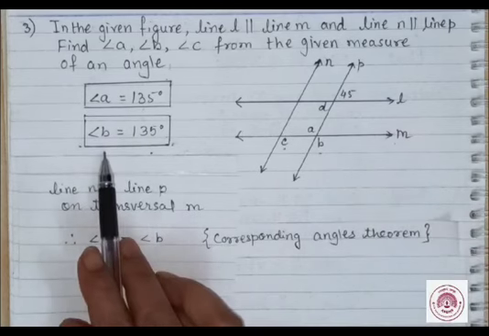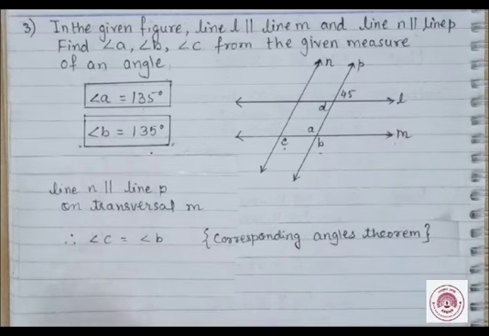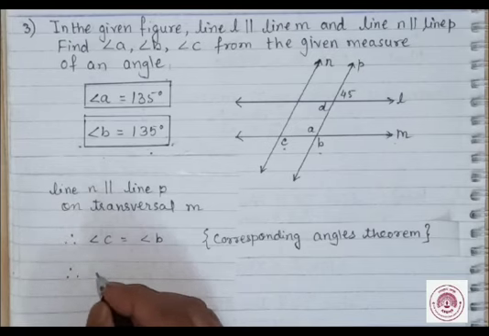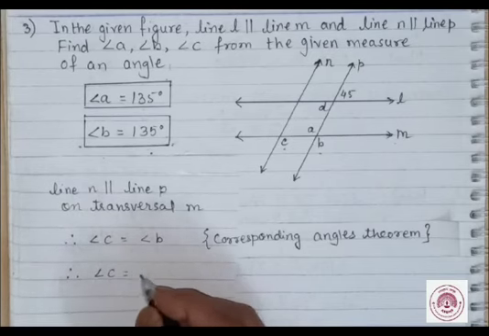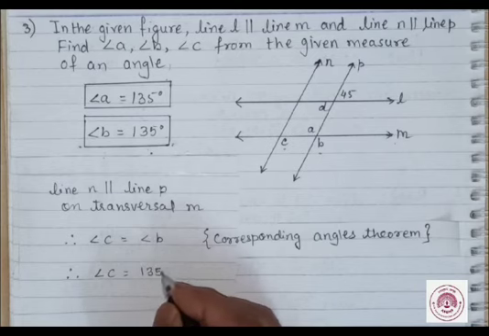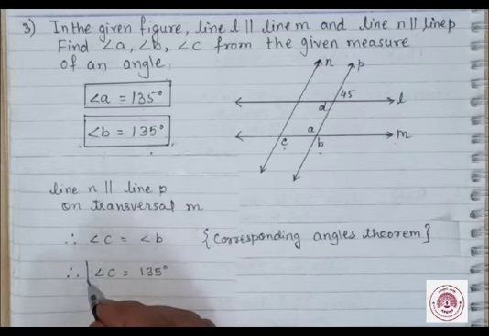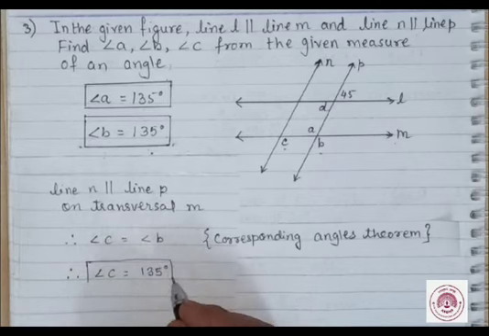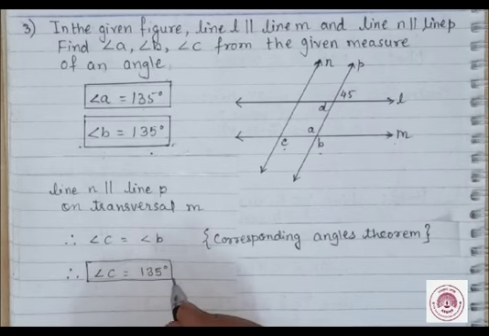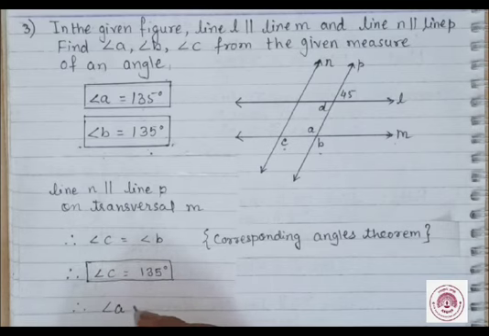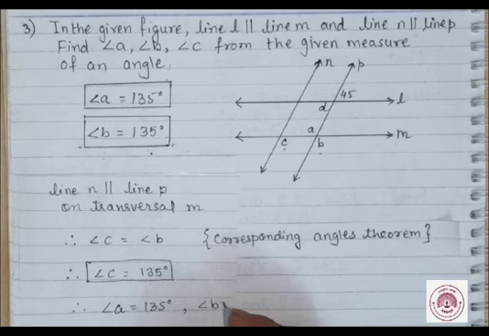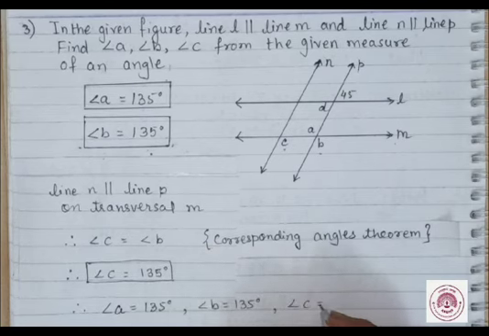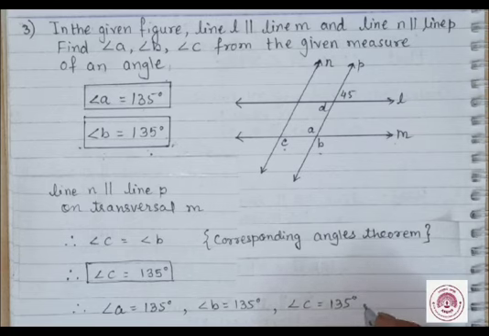Now the value of angle B is 135 degrees, and therefore angle C is equal to 135 degrees. So angle A, angle B and angle C are all equal to 135 degrees.